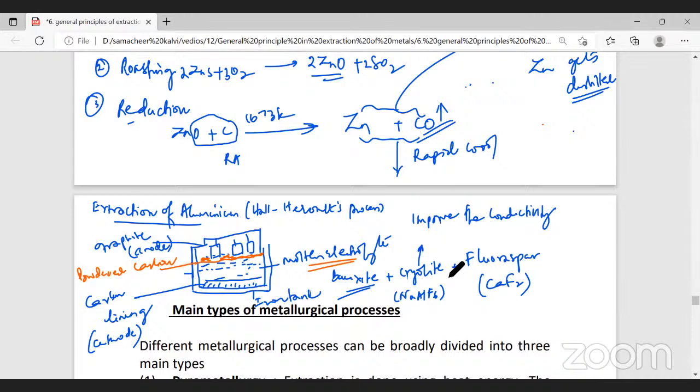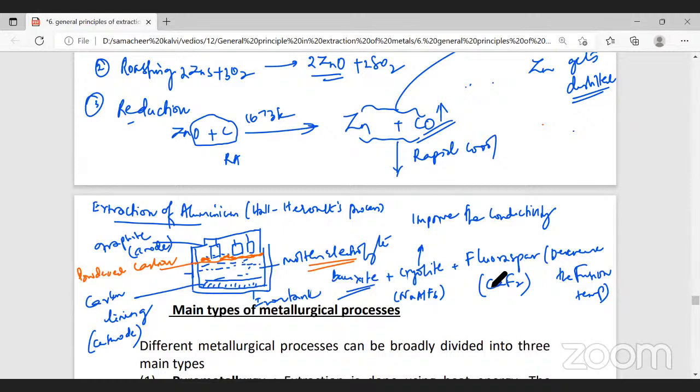And a small amount of fluorospar is added to bring down the fusion temperature. When I say bring down the fusion temperature, it means to bring down the melting point of alumina. So these are the functions of cryolite and fluorospar. I hope you're following what I'm trying to write and explain.